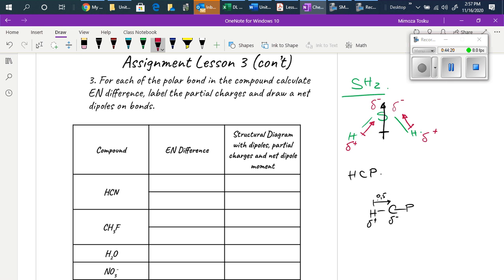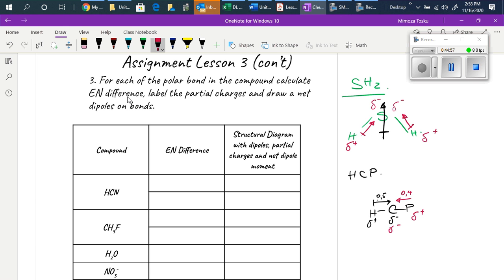When we move to carbon and phosphorus, it will be again 0.4, which means that carbon will be slightly negative, and phosphorus will be slightly positive.